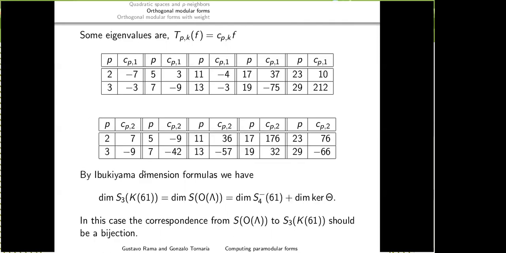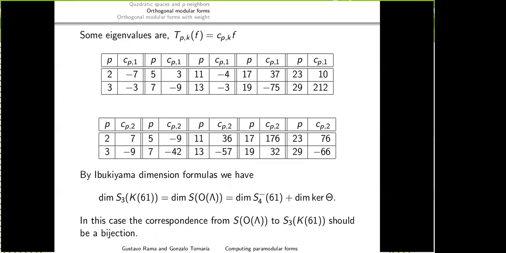Now, by Ibukiyama's dimension formulas, we have that the dimension of the paramodular space of weight 3 and level 61 is equal to the dimension of the cuspidal orthogonal modular forms, which is exactly the dimension of the modular forms of weight 4 and minus sign and level 61 plus the dimension of the kernel of theta.